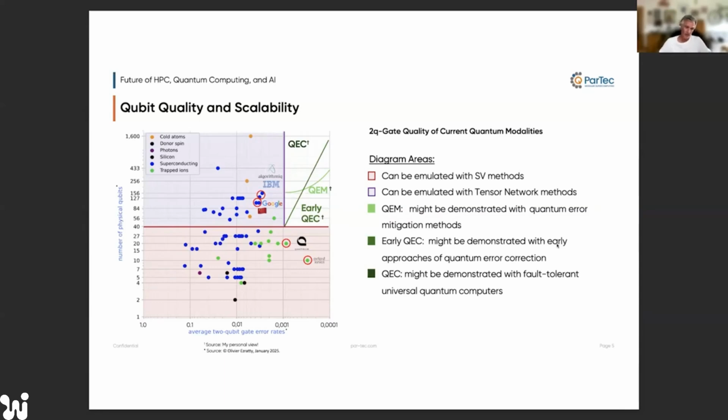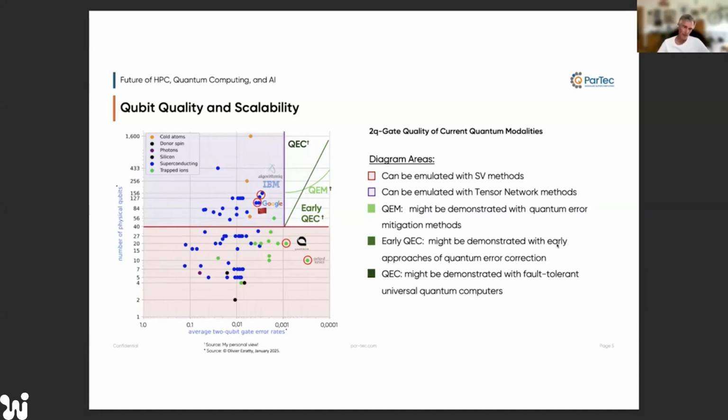And you see there are two rectangles here. One is shaded red, and the other is shaded magenta above it. These are the typical areas where we can simulate a quantum computer on a classical computer. For the moment, what is below this 40 qubit area we can simulate without any errors.